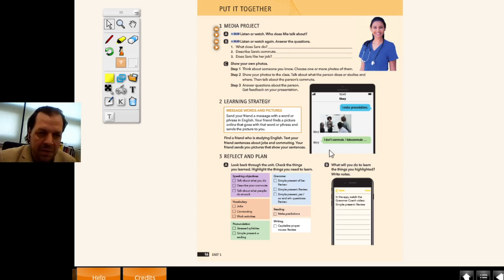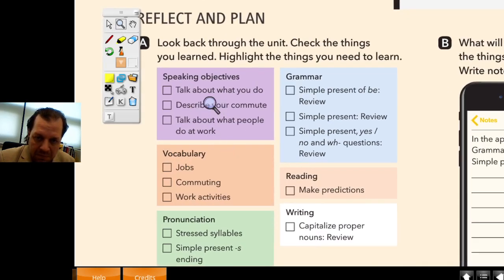We're not going to do media projects because I feel like that is too far to go, but you can simply focus on what you've learned, okay? Your objectives, right? And see how much you've learned this unit. That's fine.